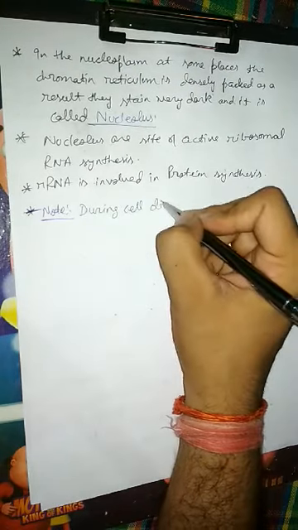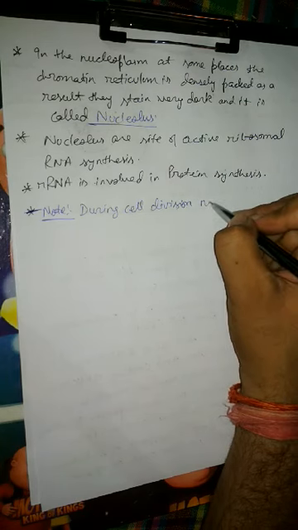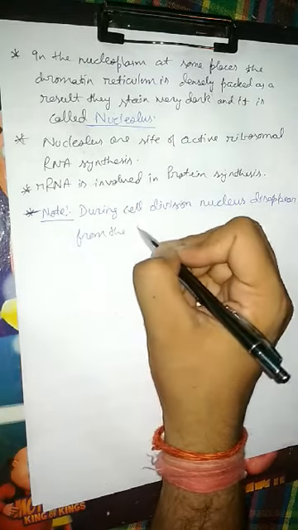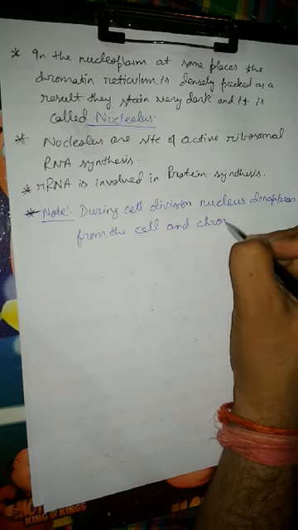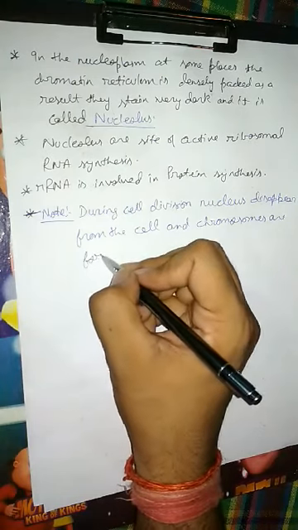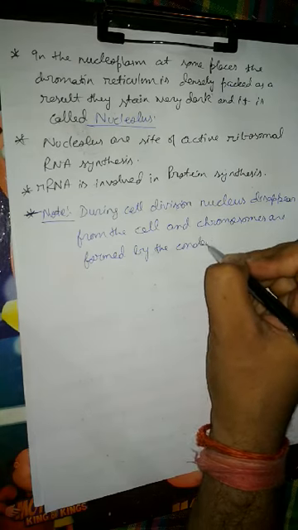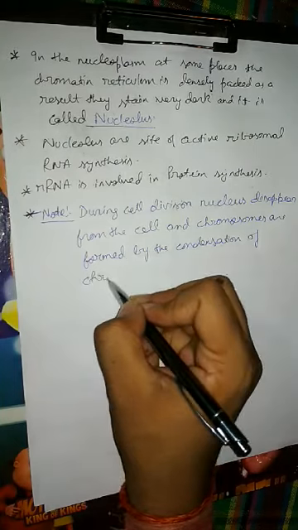So during cell division, the nucleus disappears from the cell, and chromosomes are formed by the condensation of chromatin reticulum.